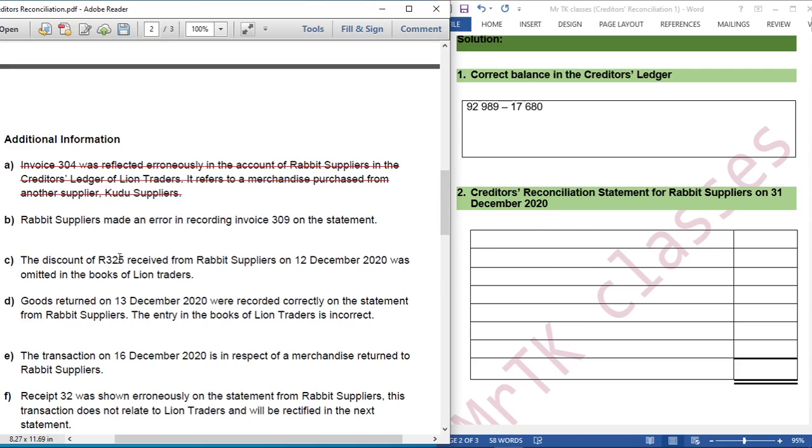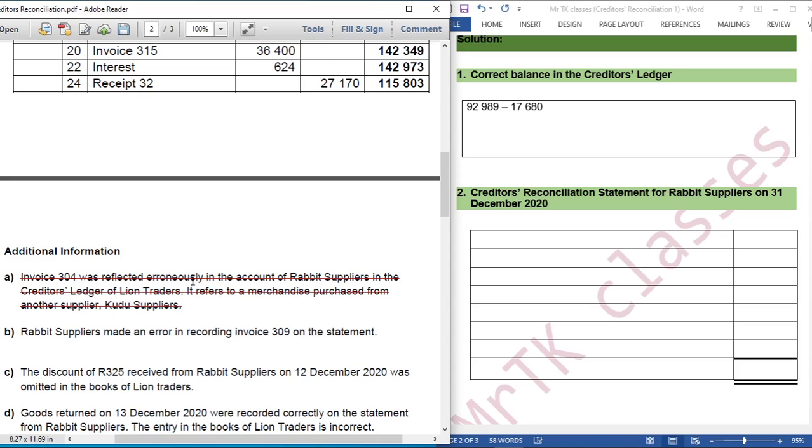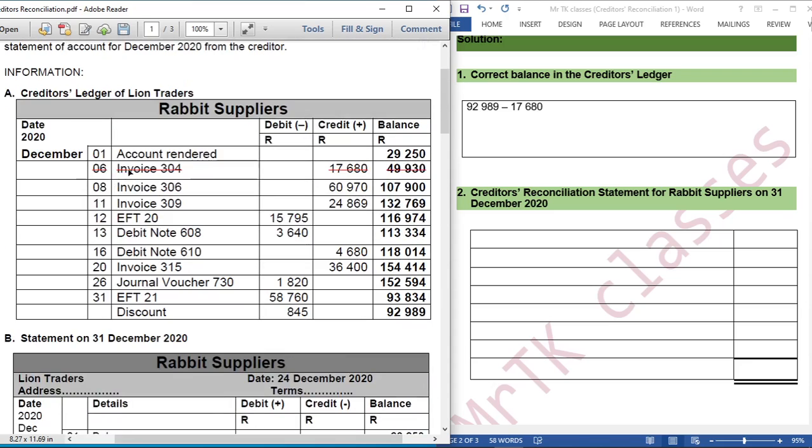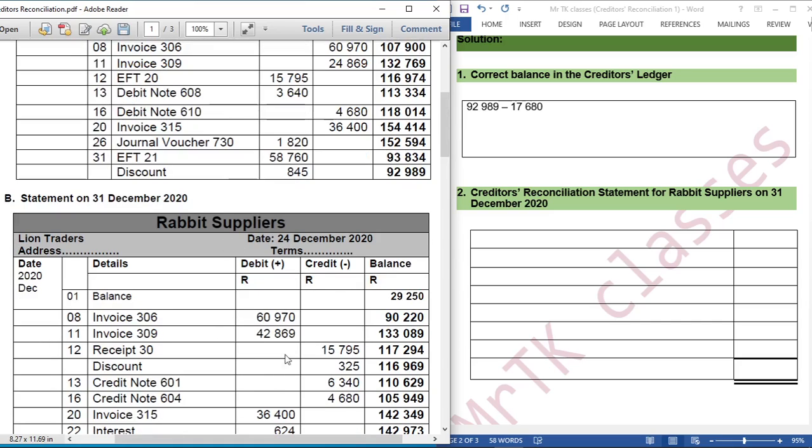The discount of 325 received from Rabbit Suppliers on 12 December 2020 was omitted in the books of Lion Traders. So this was omitted in the books of Lion Traders. This discount of 325. That's why we can't see it here, and we are seeing it here. It was omitted here, right?